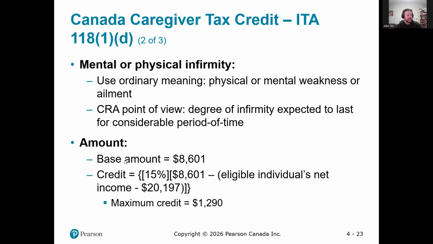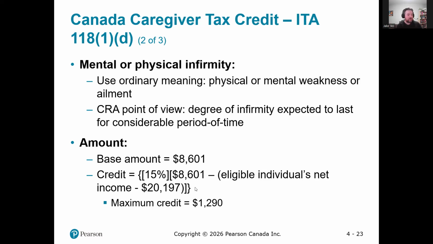For an adult, the base amount is $8,601. So the credit will be 15% of this amount, but I'm going to subtract any of the eligible individual's net income over 20,197. So if that eligible individual is earning a significant amount of income over $20,000, we're going to be losing some of that 8,601.